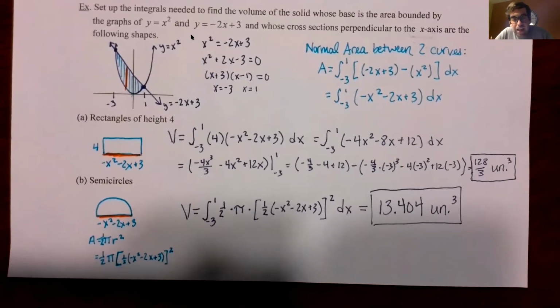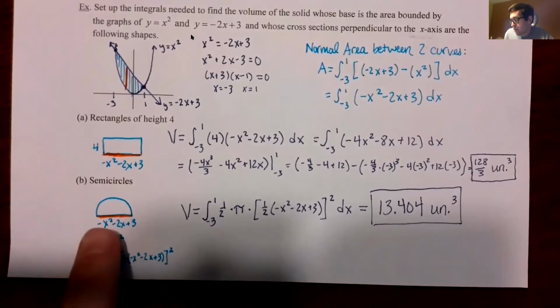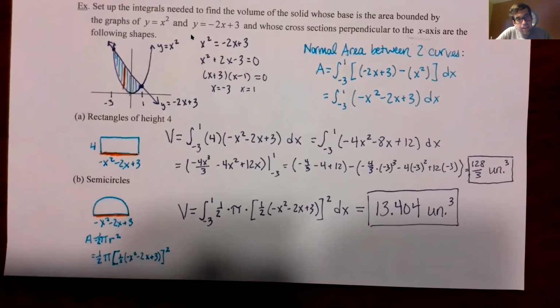So sometimes on the AP test and on quizzes, you might be asked to find a volume when the cross-section is a different shape. And that happens a couple times on the worksheet. And all you have to do is think about the area formula for that shape and plug in the proper base given in the question. So it's a little bit tricky, but I have faith that you can do this.